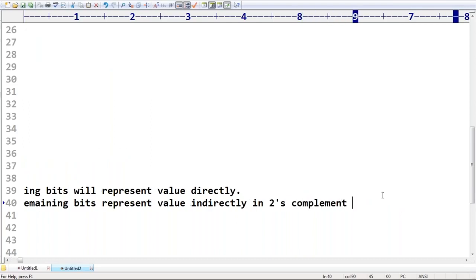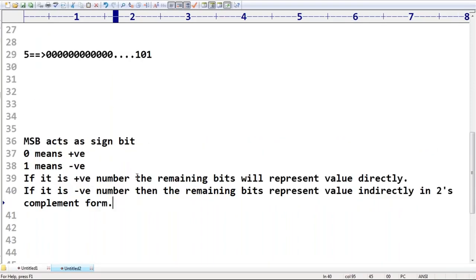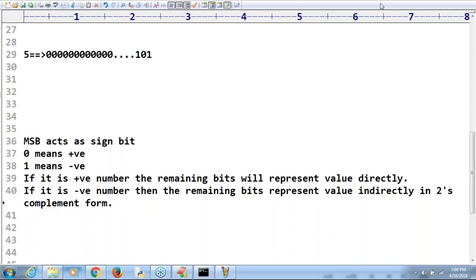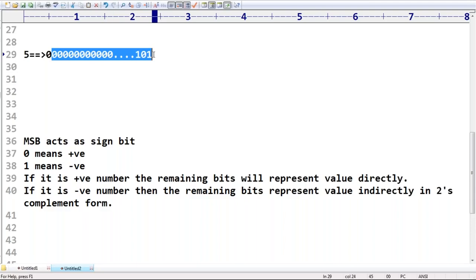Observe very carefully. The most dangerous points are the mathematics background. I'm just talking a bit internally. If it is a positive number, then the remaining bits will represent the value directly. If it is a negative number, then the remaining bits are going to be represented in 2's complement form. Okay, sir, make sure. Now, can you please tell how to get 2's complement form?